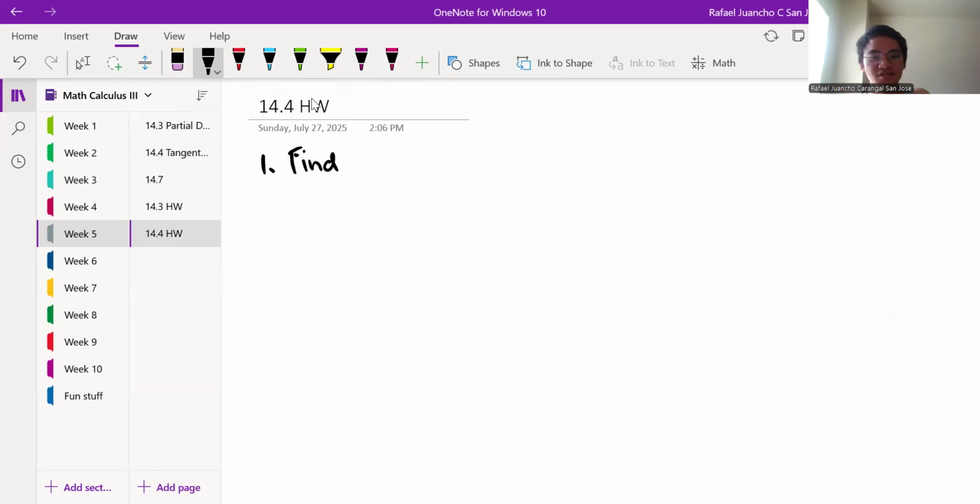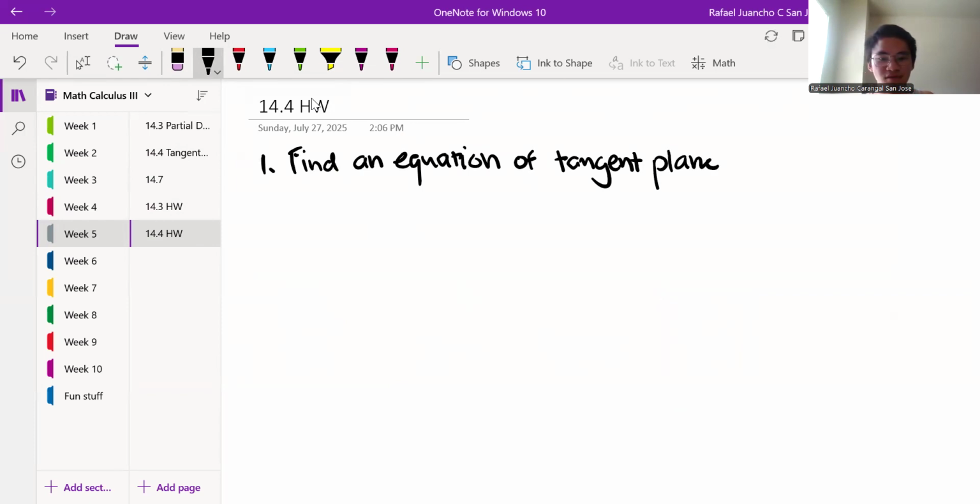So of course, we're being asked to find an equation of the tangent line or tangent plane given a surface.